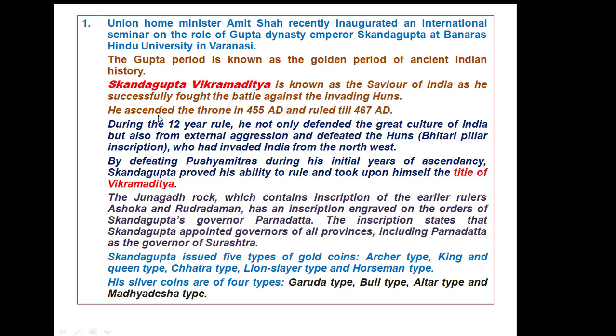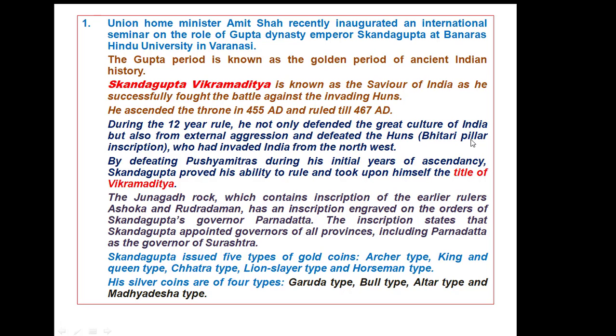He ascended the throne in 455 AD and ruled till 467 AD. So 455 to 467 AD. During the 12-year rule, he not only defended the great culture of India but also defended from external aggression and defeated the Huns.